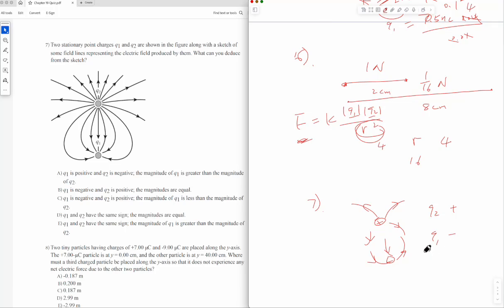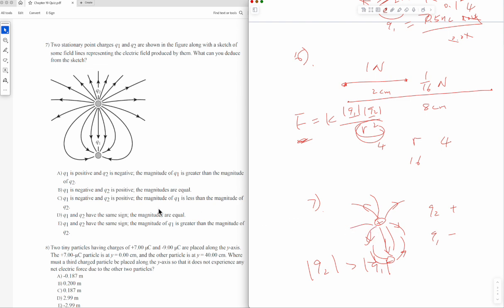Also, if you count the number of lines coming out of Q2, it is much more than the number of lines getting into Q1, which means the magnitude of Q2 is larger than Q1, and Q2 is positive and Q1 is negative.